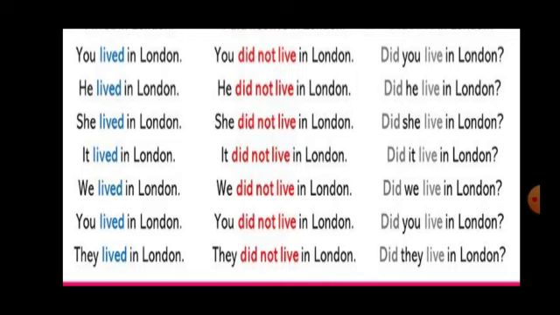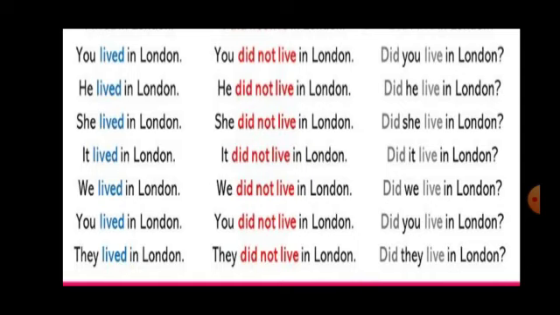Same way in interrogative sentence, we will put did at the first place as there is no auxiliary verb. Did plus subject plus base form of the verb, that is lived, will become live. In both the negative as well as the interrogative sentence, we will put the base form of the verb.